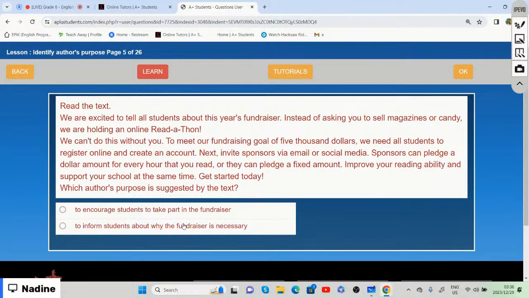Based on the text, it is basically encouraging students to take part in the fundraiser, because they are making mention of the fact that they're going to have a readathon online, and all students need to create an account and take part in the fundraiser.